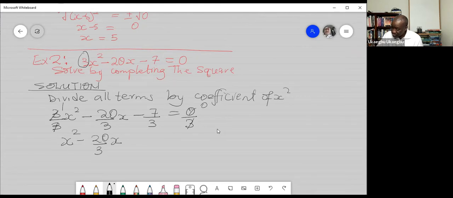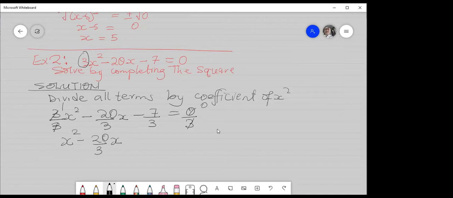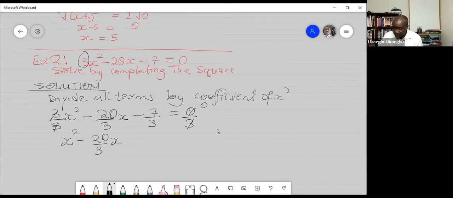Now, let's use this opportunity to transfer this one to the right side. Do you agree? Because we have to do that anyway. So let's transfer this negative to the right side. Once you transfer negative 7 over 3 to the right side, you are going to get plus 7 over 3.